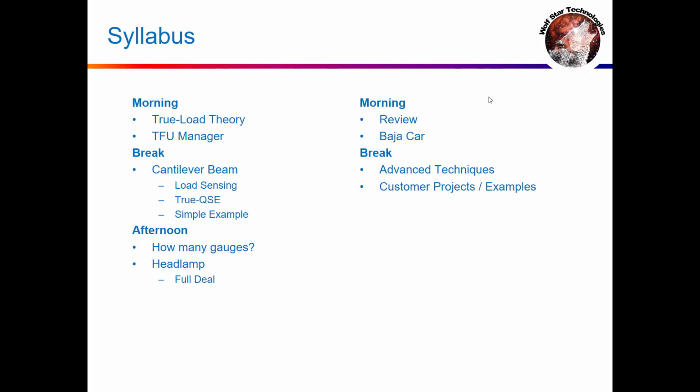Then I've got a little bit more complex example with a headlamp for a motorcycle. And then our final example will be a Baja car that was done with the SAE team at the local university. So these are the exercises for the standard training, and then at the end we can have advanced techniques and get into some customer project examples if we were on site. Okay, so this is the overall syllabus. For sure, we will go through the cantilever beam and the headlamp in this set of recorded trainings.